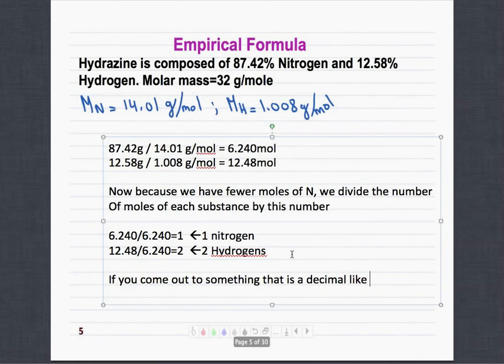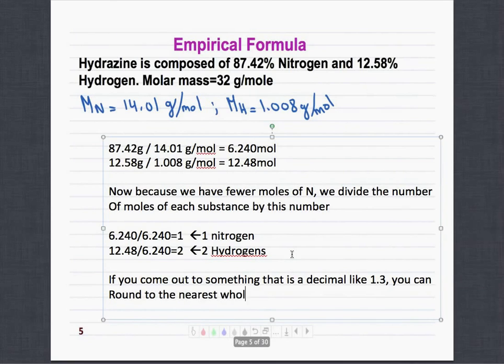If this number is greater than 5, you're going to round it up to 3. So if you have something like this after division, that wouldn't be considered the empirical formula. You need to do the rounding. And from there, now this is the empirical formula.